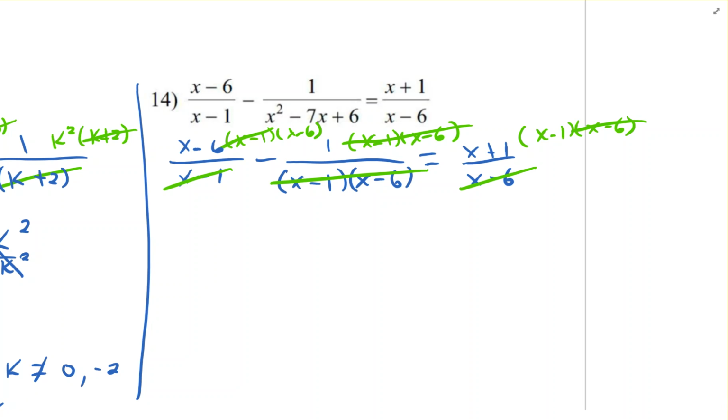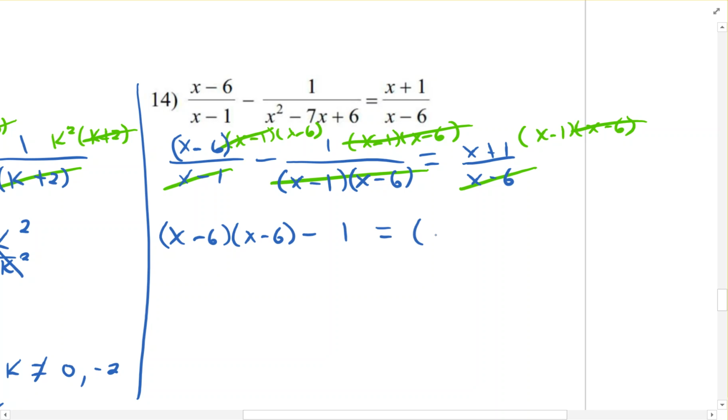Now, writing out what we have left here, don't forget to put this in brackets, because this x minus 6 is multiplied by that whole thing. So this is (x minus 6) times (x minus 6), minus just 1, and then is equal to (x plus 1) times (x minus 1).